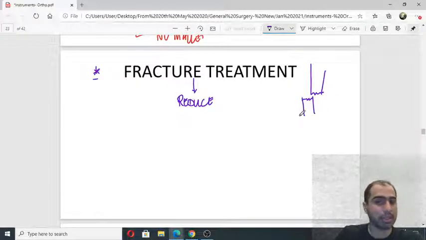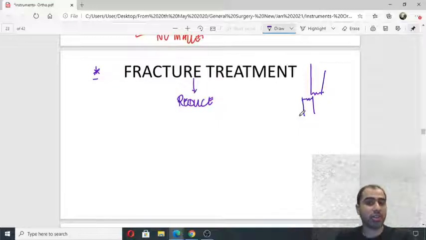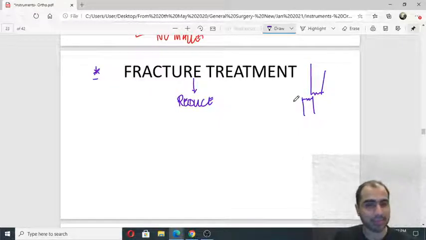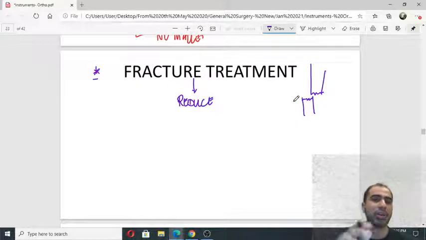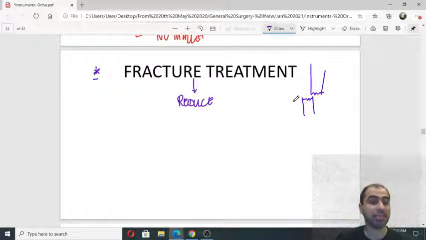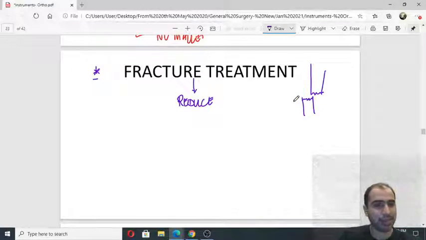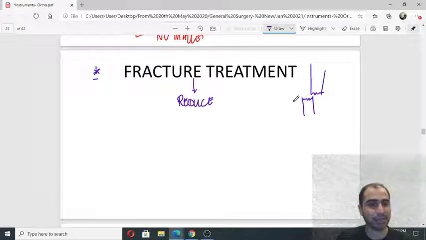The first step is I have to reduce the fracture or realign the fracture. Which fractures do not require reduction? Ribs, scapula, they don't require treatment only. I am saying which fractures that you are going to treat in orthopedics do not require reduction. Rib, scapula, clavicle, fine. I am saying in orthopedics. Rib fracture is general surgery.